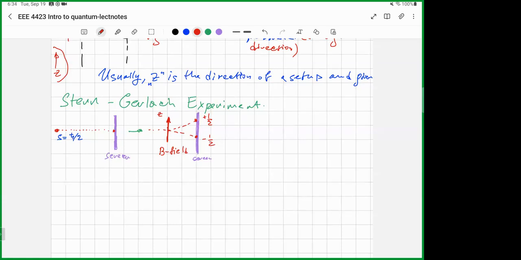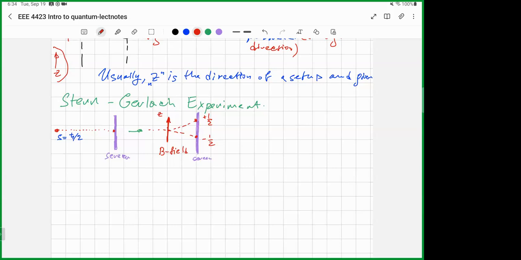So the spin is the system with just two possible positions, and that's why we get these two spots.